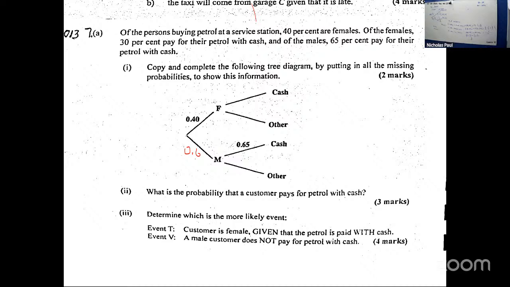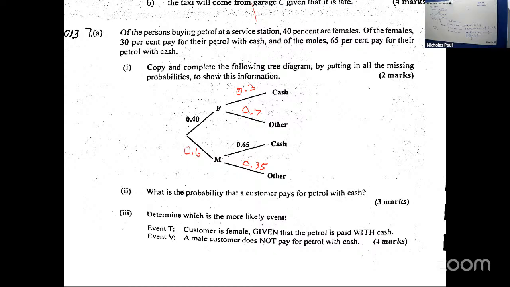Of the females, 30% pay cash, so here will be 0.3, and here will be 0.7. Of the males, 65% pay cash, so the other method will be 0.35. Everybody okay with that?